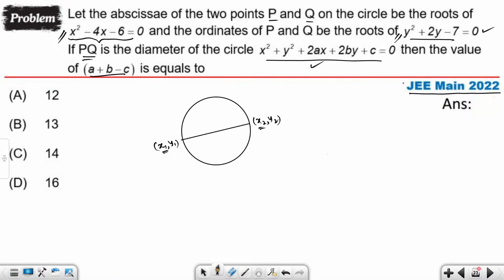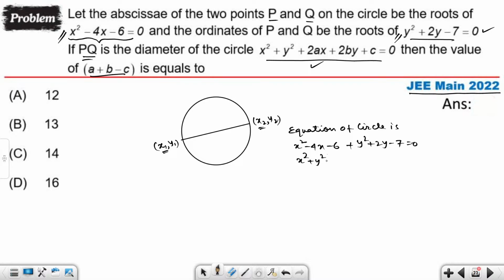But if we know the basics, we will simply write the equation of the circle is x square minus 4x minus 6 plus y square plus 2y minus 7 equals 0. That much simple it is.